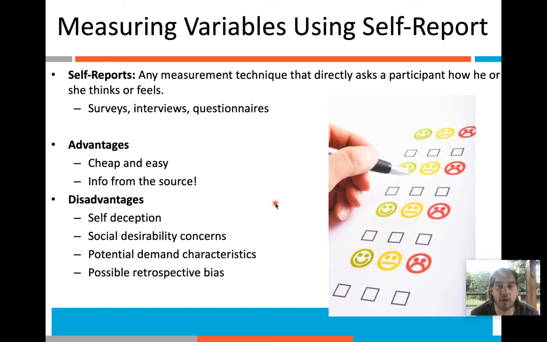And then possible retrospective bias. Basically, this means people are really bad at remembering the stuff they did. People are bad at remembering things from the past, and they might be biased in their responses. They might be inaccurate, right? So if I said something like, "How often did you engage in dangerous driving behavior as a 16 or 17-year-old?"